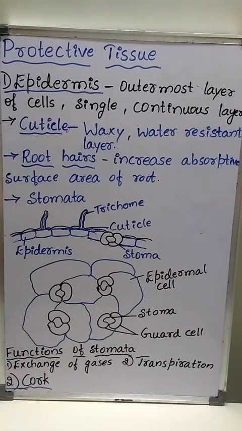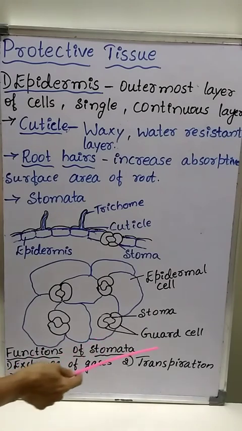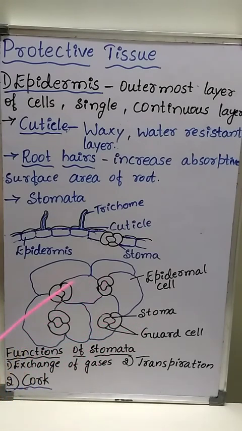A pair of kidney-shaped guard cells covers the stomatal pore.